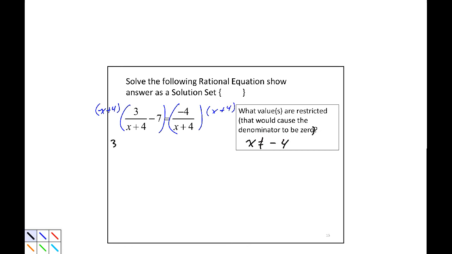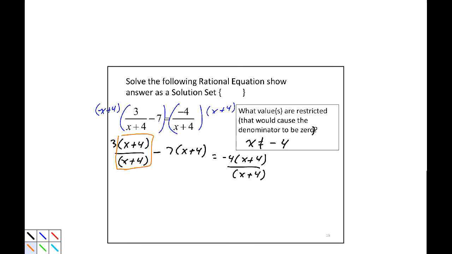So this first one is 3x plus 4 over x plus 4, minus 7 times x plus 4. There's no denominator, so we'll leave it alone. And this will be minus 4 times x plus 4 over x plus 4. Some things reduce. This here, this here. So 3 minus 7 times x plus 4 equals minus 4.